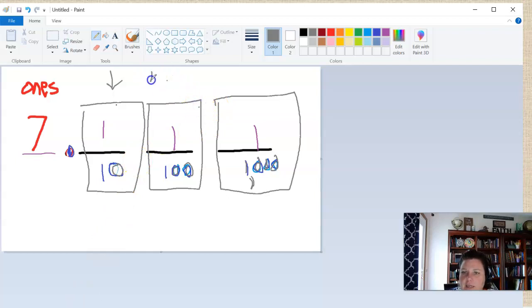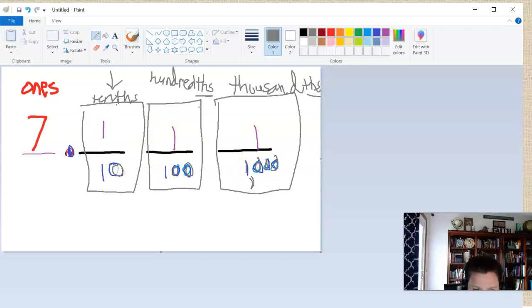And this is the hundredths. Tenths and thousandths. The thousandths place. So 1 out of 1,000.